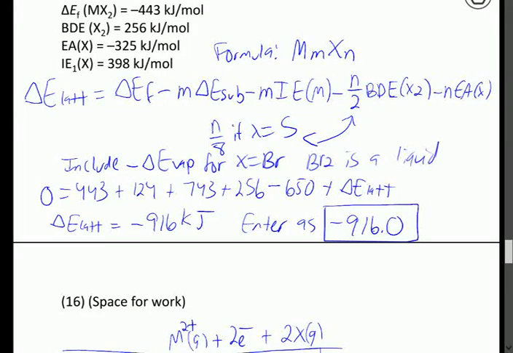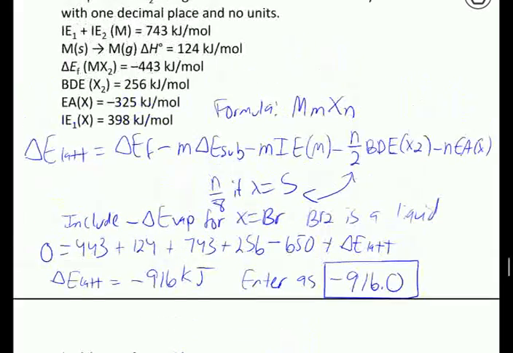So all of these processes refer to gas phase ions. And in one case, if it's a metal bromide, when you break it down into the elements, you get Br2 as a liquid, and you have to first take that into the gas phase as part of your cycle. And that includes a vaporization energy, which we may give you as a separate term. It could just be sometimes included in the dissociation.